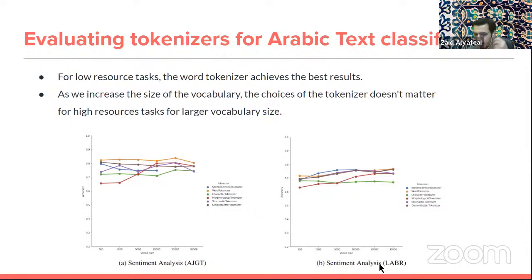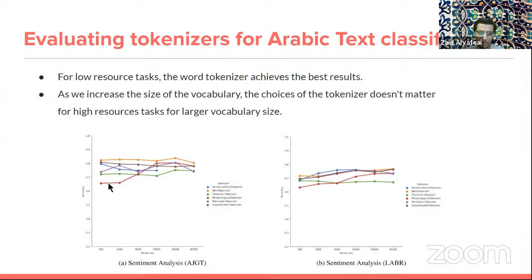And the second one is high resource because it contains around 10,000 sentences. We see that for the low resource dataset, the word tokenizer achieves the best results. The morphological tokenizer starts a little bit lower. It's the red one. I'm not sure if the labels are clear or not.